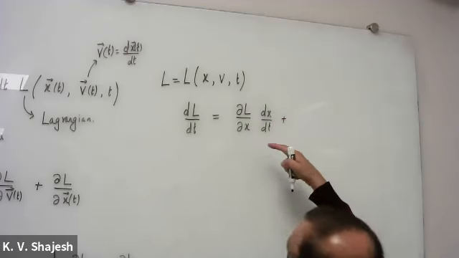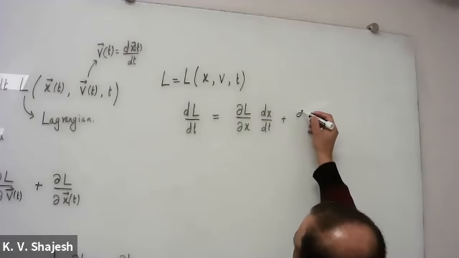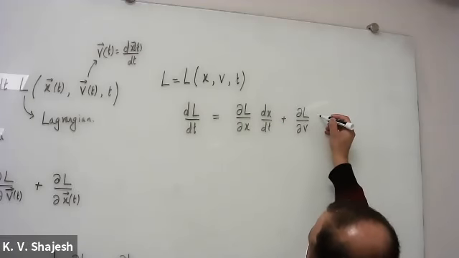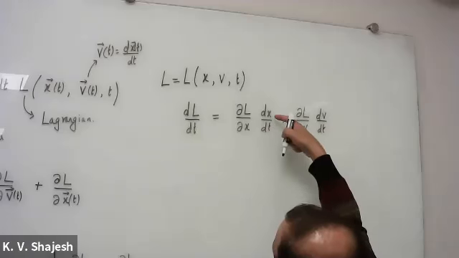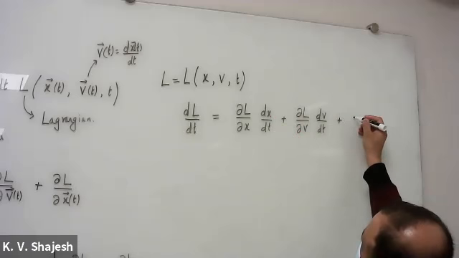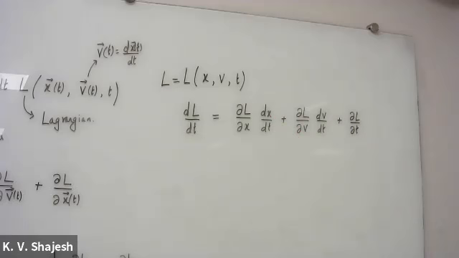That's a chain rule if you want: first take the derivative with x and then the derivative of x with t. This could depend on velocity v, and this will be dv by dt. Notice dx by dt is velocity, and that's acceleration. And plus, of course, we can have the explicit dependence in the Lagrangian. So that's a definition there.